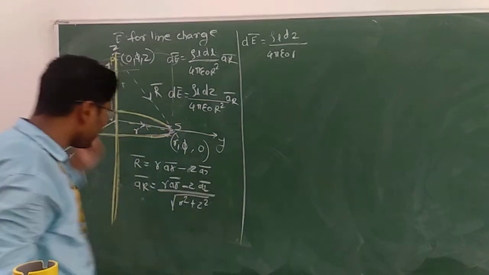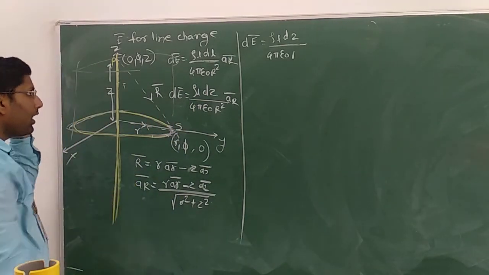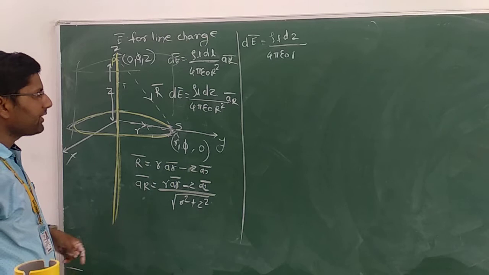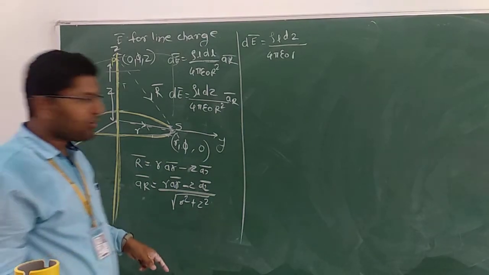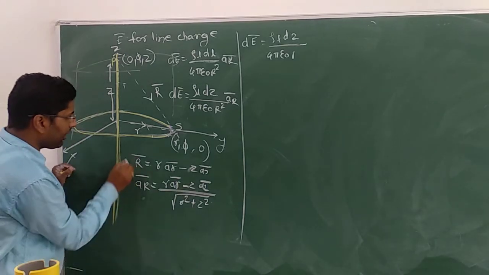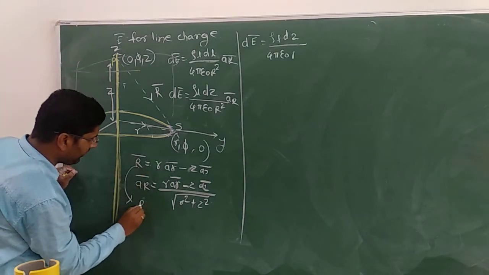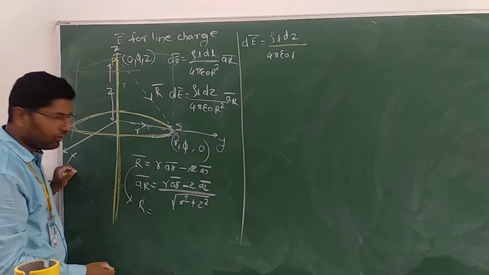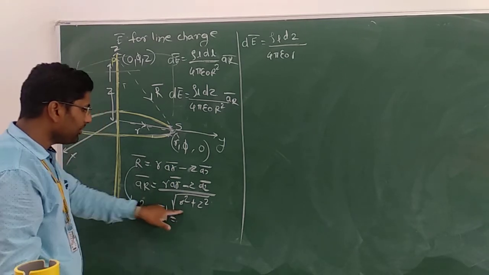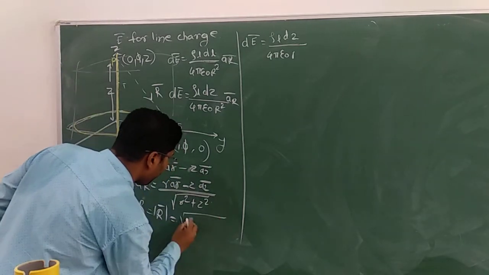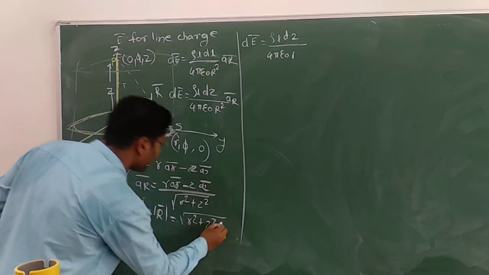Now what is R square? What is R here? They have given R aR bar minus Z aZ bar. Now what is the value of R? Only the magnitude of R you have to calculate. Same here, it is R square plus Z square.